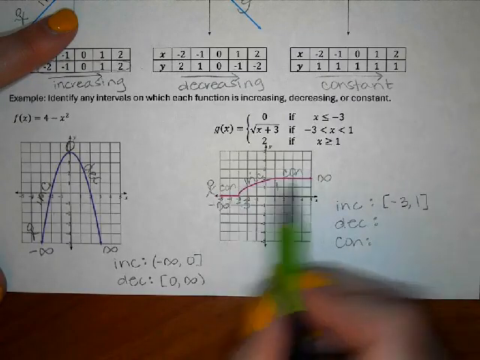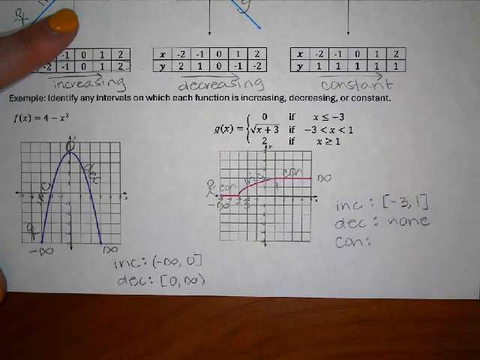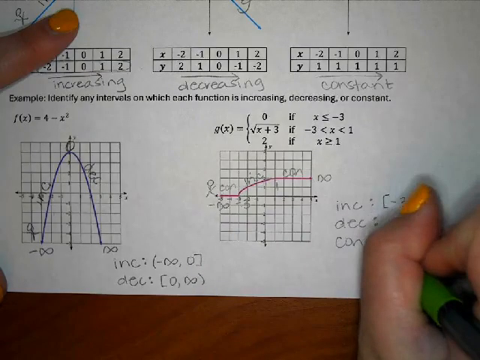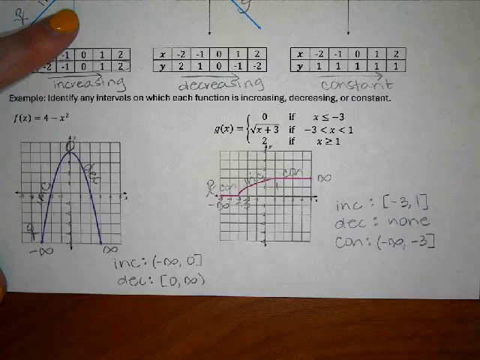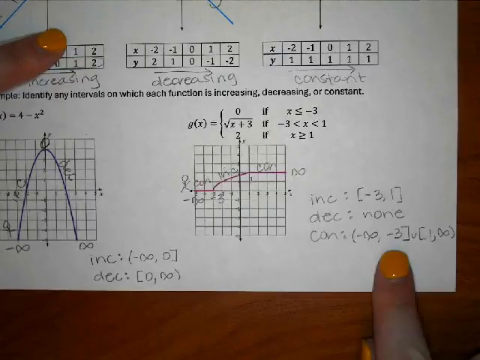And the constant interval is -infinity to -3 and 1 to infinity. And make sure anytime you have two answers like this, put a U in between. It shows that you need both of the answers to be right.